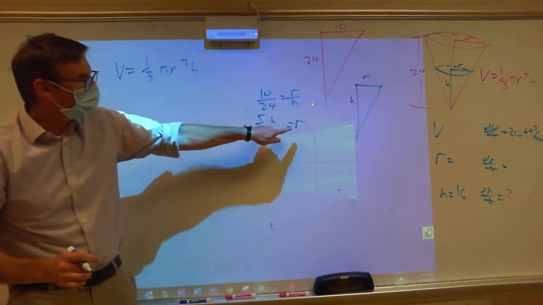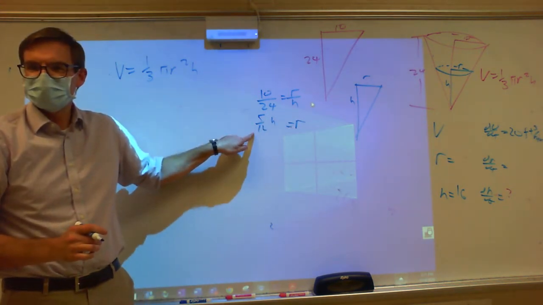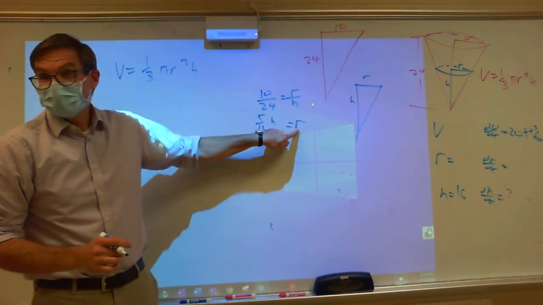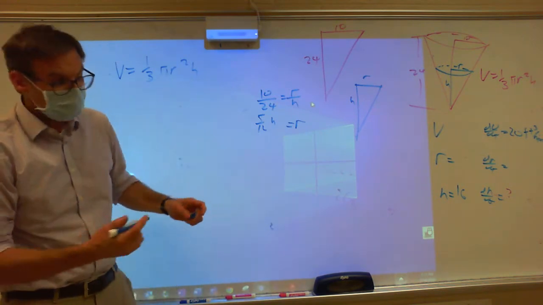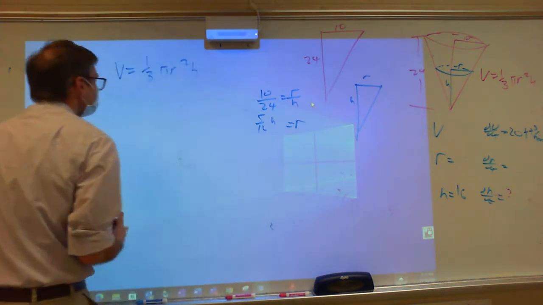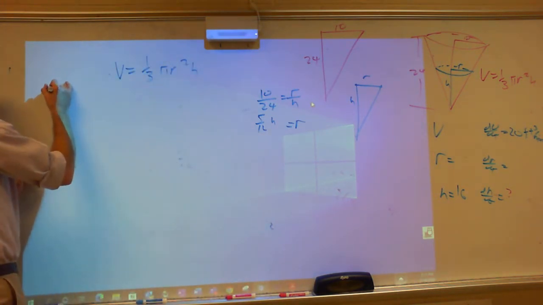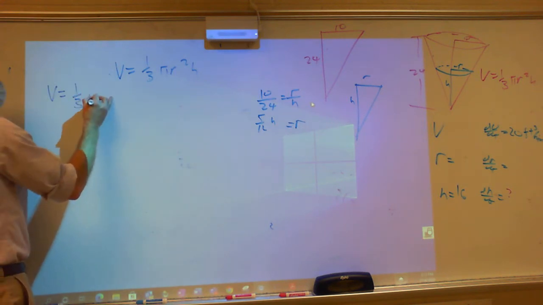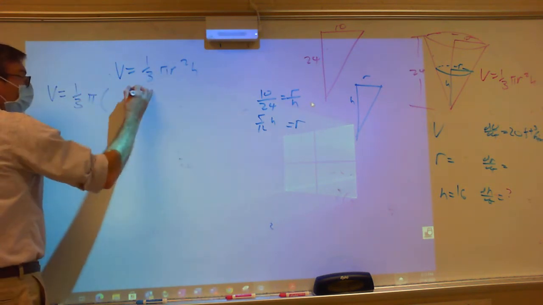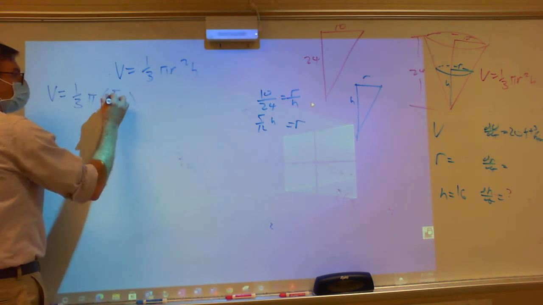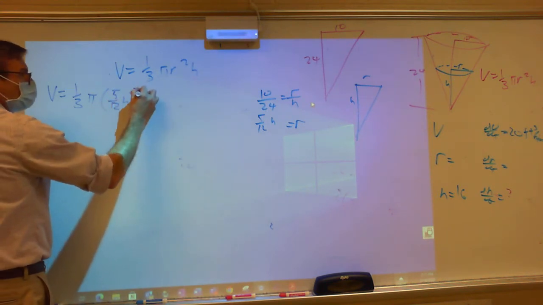See, what this does is it converts all my R's to H's. It says everywhere you see an R, write 5 over 12 H. Well, I can do that. So I'm going to rewrite this and say V is equal to 1/3 pi, but instead of R, I'm going to write 5 over 12 H squared times H.